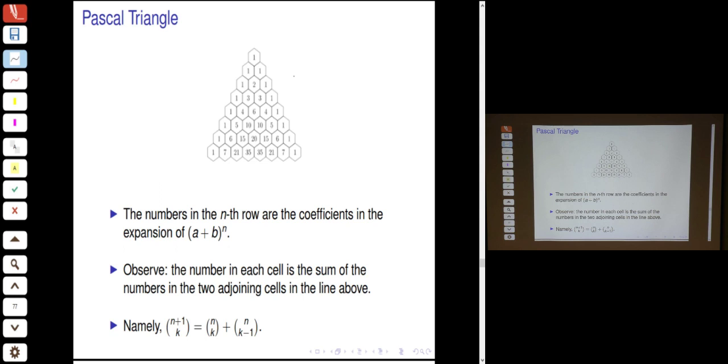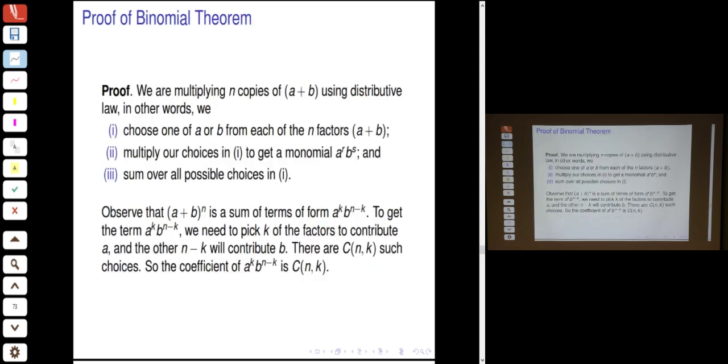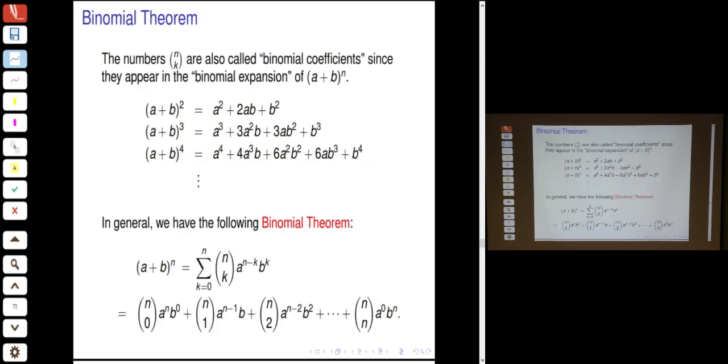Now we know the binomial coefficient. Last time we showed that the binomial coefficient is actually n choose k.